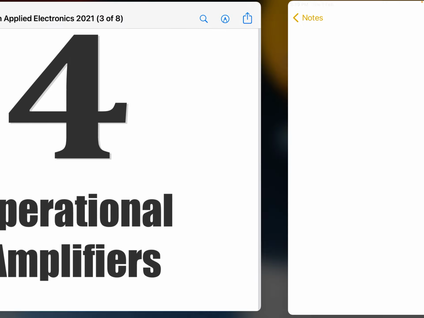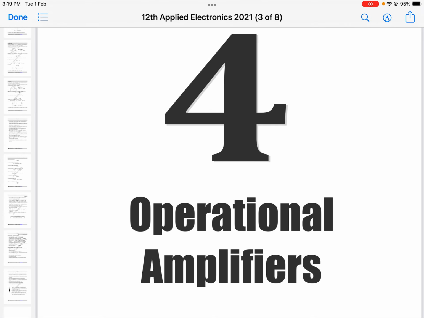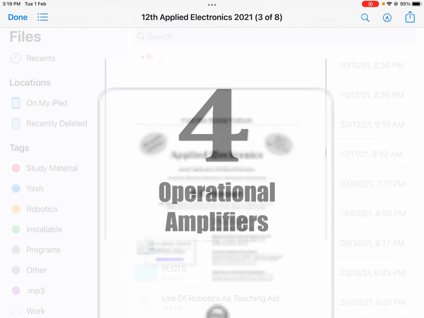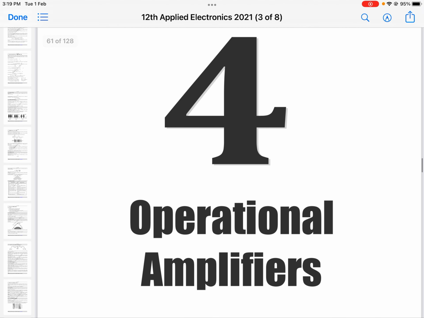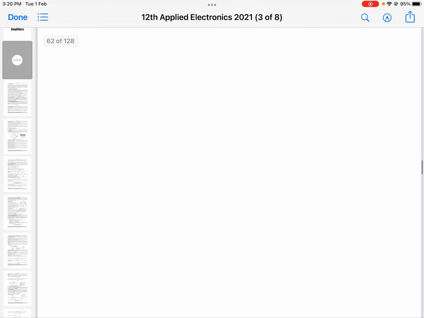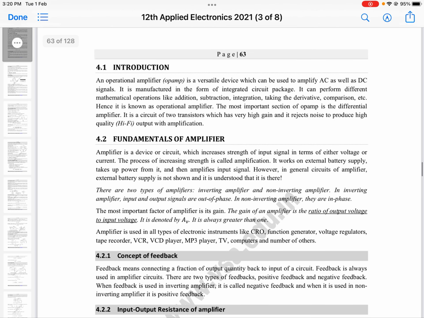Now, this is the chapter on page number 61 of my notes, or you can use any type of book also, that doesn't make any difference. This is the introduction on page number 63, and we have to see the details about it.